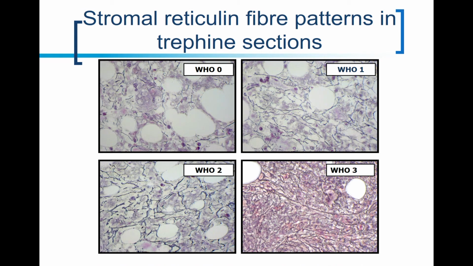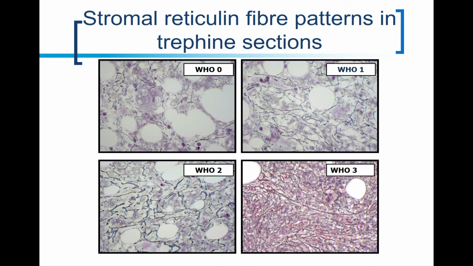By the time they get to a WHO 3, this is almost like having scarring going on in your bone marrow, just as you get scarring in other parts of your body. These fibres are called reticulin fibres, but they are the basis on which another molecule you might know about called collagen is made, and collagen is the stuff of scars.